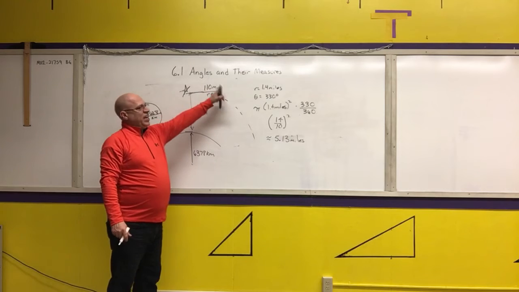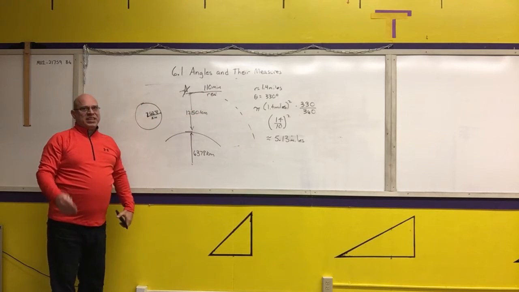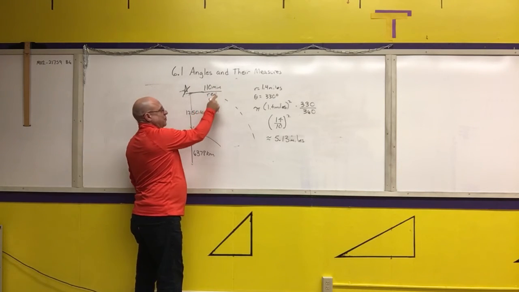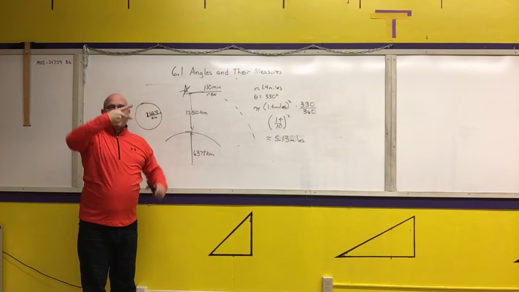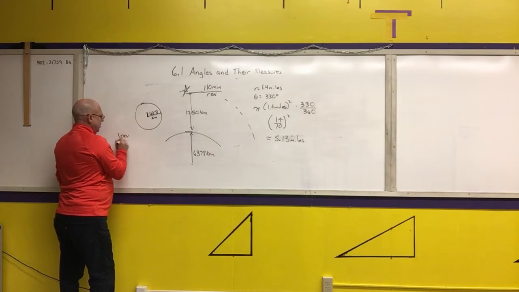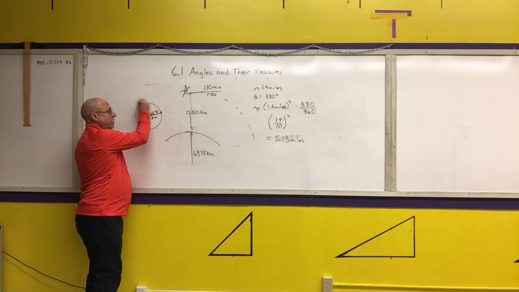So we're going to start here. Okay? What I want to do is I want to get a distance over a time. Well, this is a time over revolution. So I'm going to flip that thing over. So I'm going to write one revolution in 110 minutes. Well, how far around does it go in one revolution?